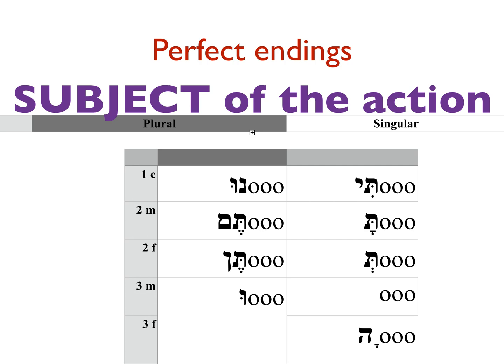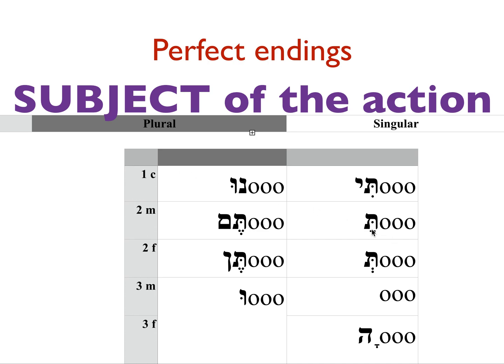This is a chart for all the perfect endings. So they are ti, ta, t, nothing for the 3ms. Then a, the feminine sound for the 3fs. In the plural, you have nu, tem, ten, and u. In this chart, you can notice some things that are similar to the pronominal suffixes.